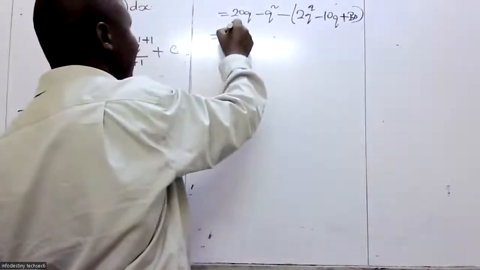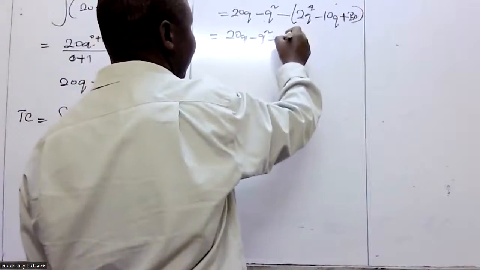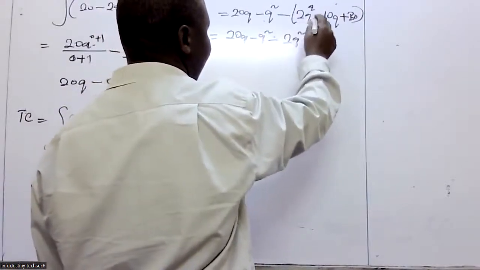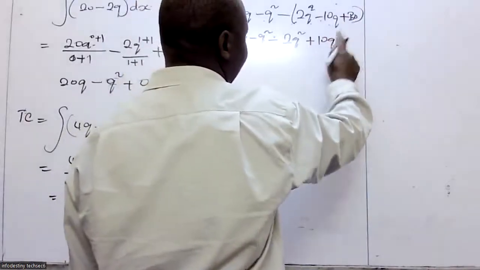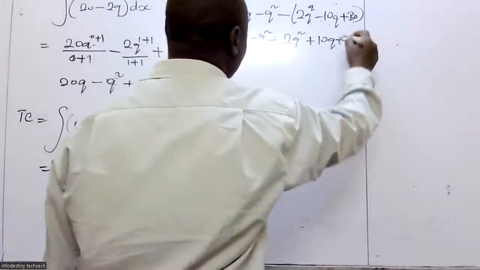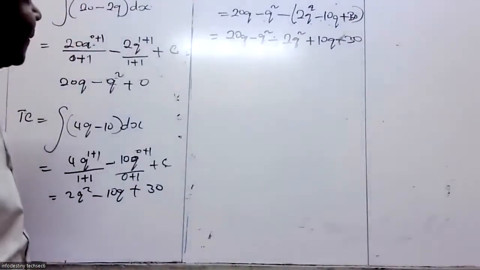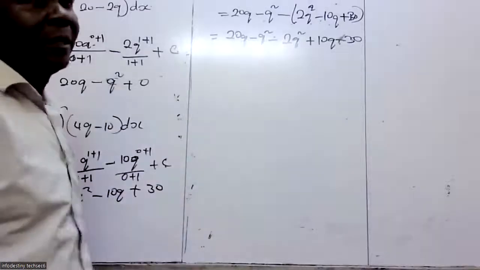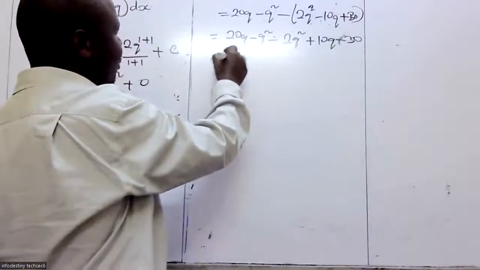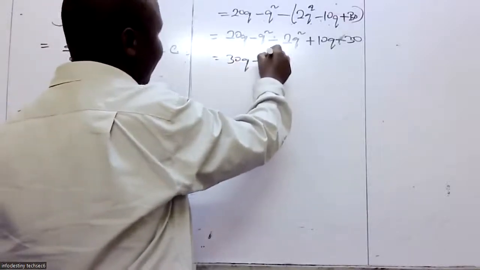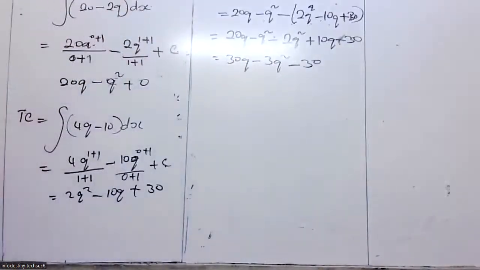Opening the bracket, that's 20Q minus Q squared minus 2Q squared plus 10Q minus 30. Collecting like terms, that's 30Q minus 3Q squared minus 30. That's the profit function.